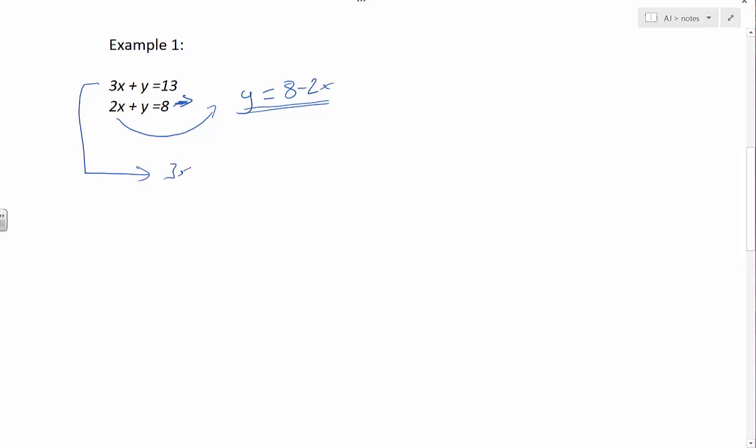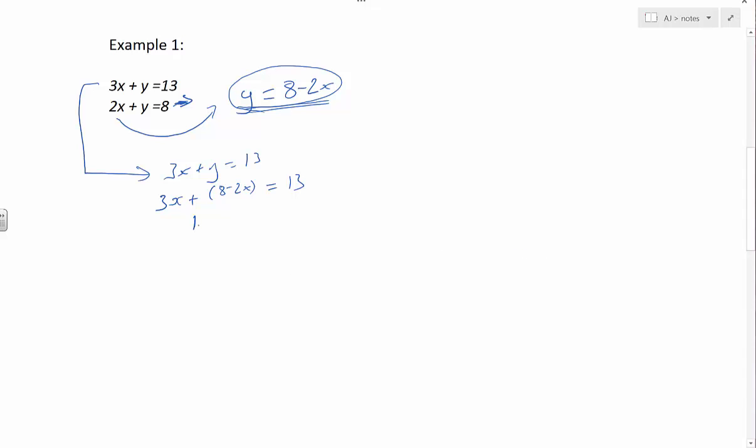If 3x plus y equals 13, but we're going to use the fact that y is the same as 8 minus 2x, then 3x plus y, which is 8 minus 2x, needs to equal 13. So all we've done is replaced y by the thing that it's equal to from the other expression. Now we have 3x plus 8 minus 2x.